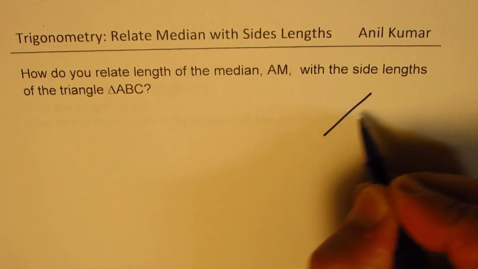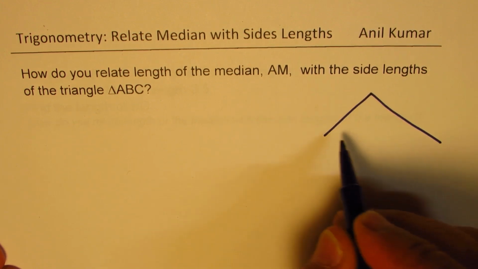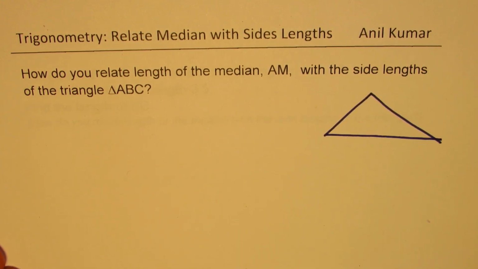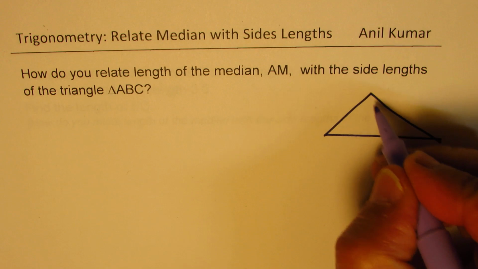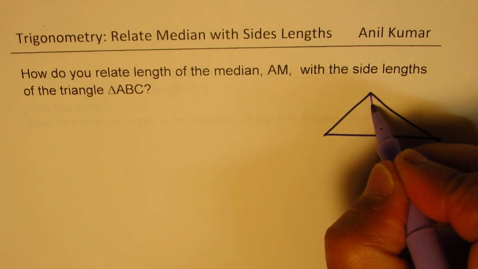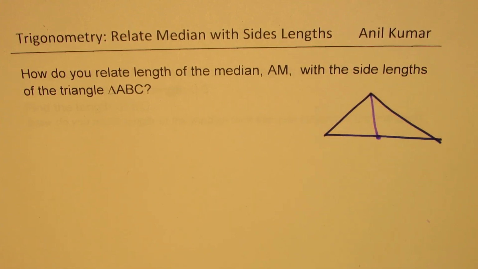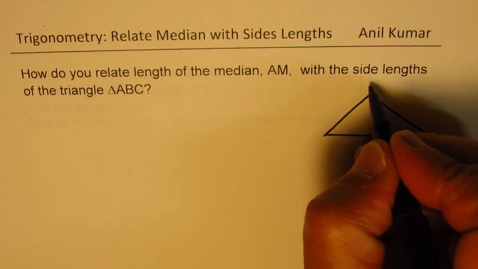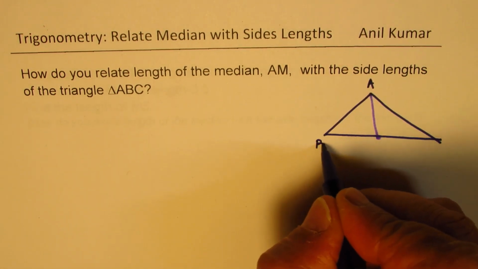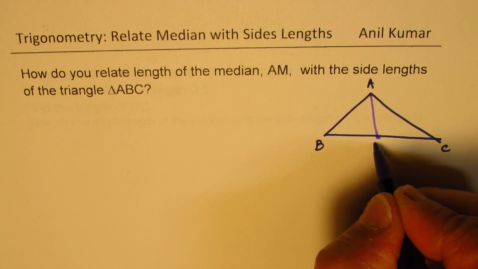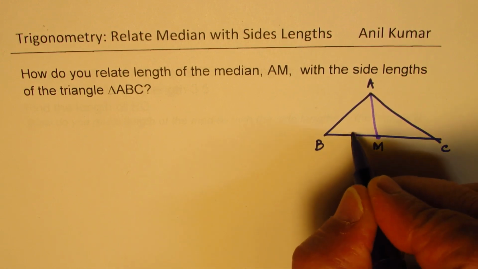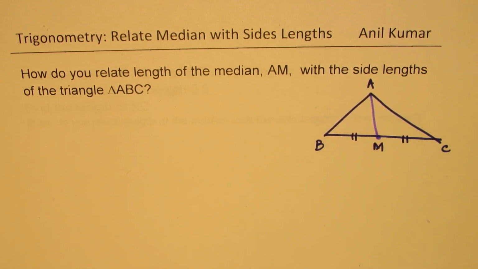So let's sketch a general triangle ABC. The median is joining the midpoint, so let's say this is the midpoint M, joining M so that these two sides are equal.